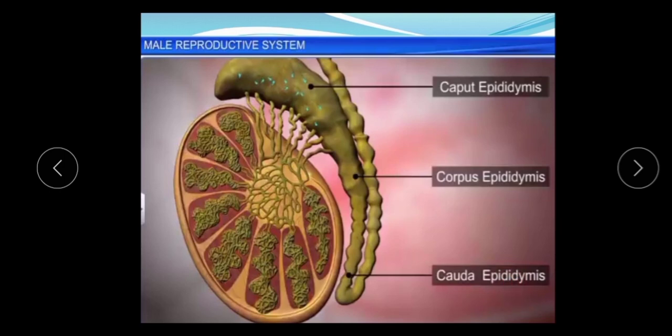The vasa efferentia enter the caput epididymis, and the spermatozoa that enter the caput epididymis are non-motile. The epididymis serves as a site for sperm maturation and for the storage of sperm between ejaculations.